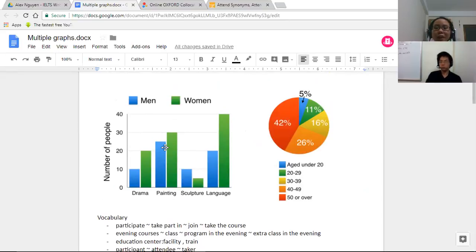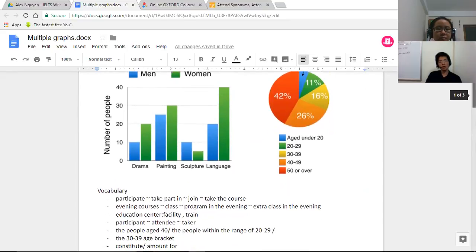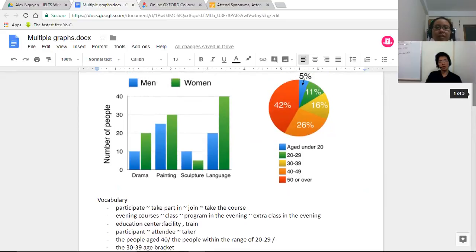We have more male in painting. In the language course, only the number of women was the highest compared to the number of women in other classes.